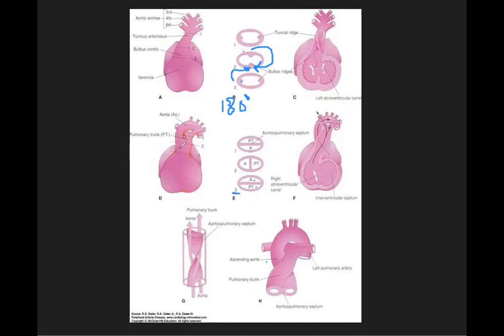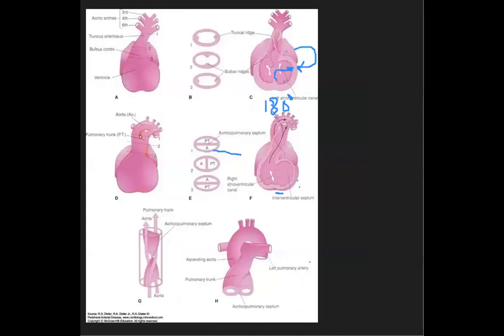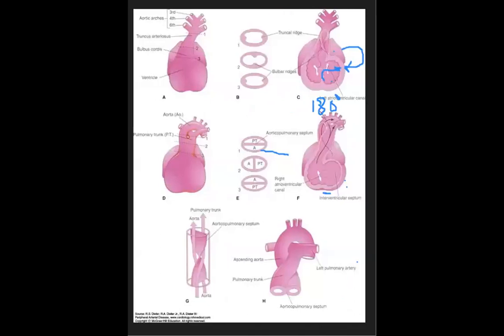At this particular level, I will try to zoom it more. Now you can see at this particular level, this is number 3. At this level, aorta is posterior and pulmonary trunk is anterior.